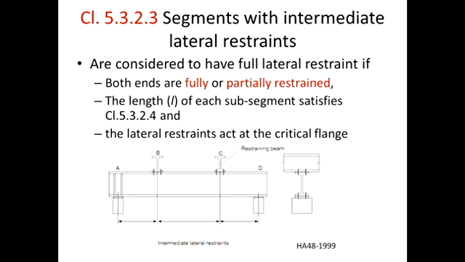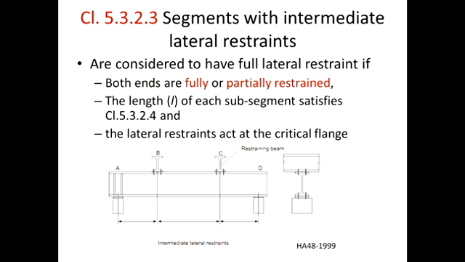And for the different segments, so for segments with intermediate lateral restraint, such as what's shown here, we have to have both ends being fully or partially restrained, and then we have to have a certain length of this segment defined, and then the lateral restraints that we have.